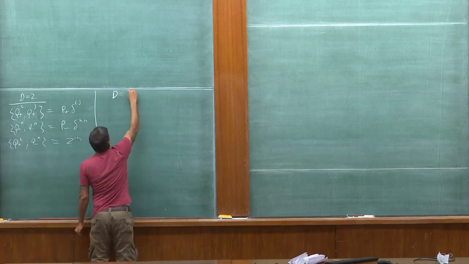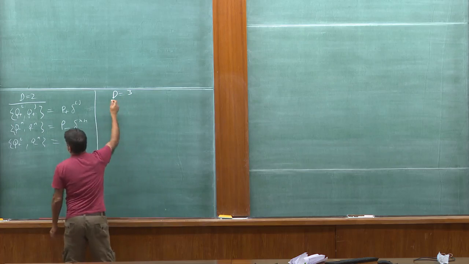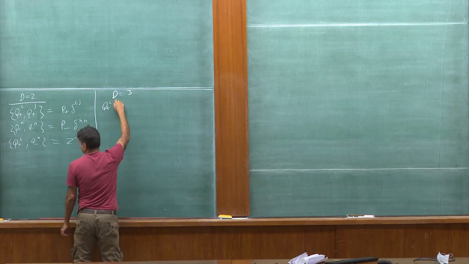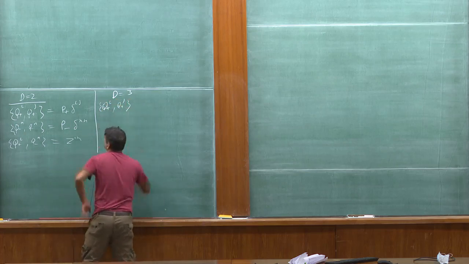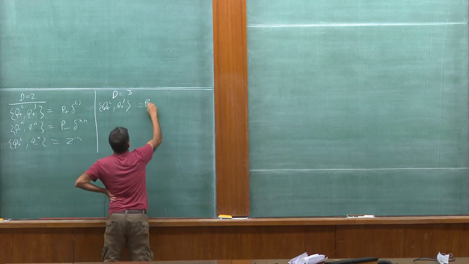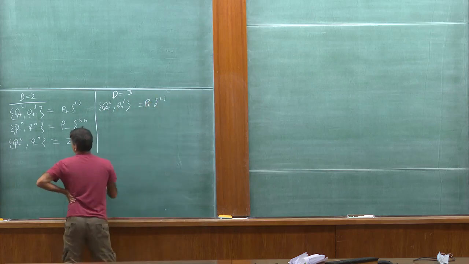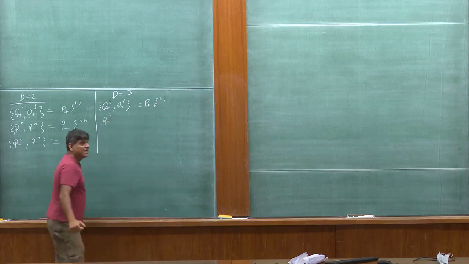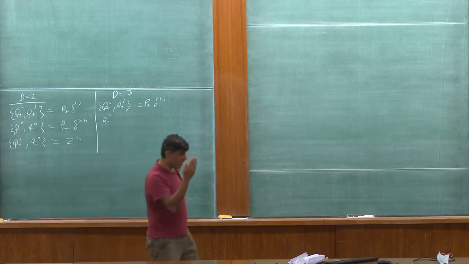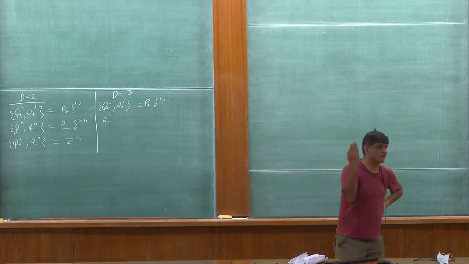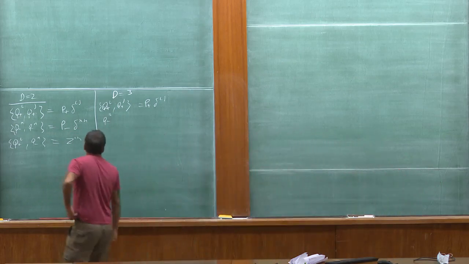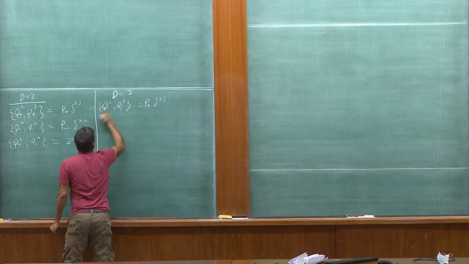In D equals 3, we got the algebra which was Q plus I, Q plus J is equal to P plus delta ij. Then we had Q minus m. Now in this case, the symmetry is just SO(N). The charges are real and there's no chirality, so there's no plus minus, sorry.